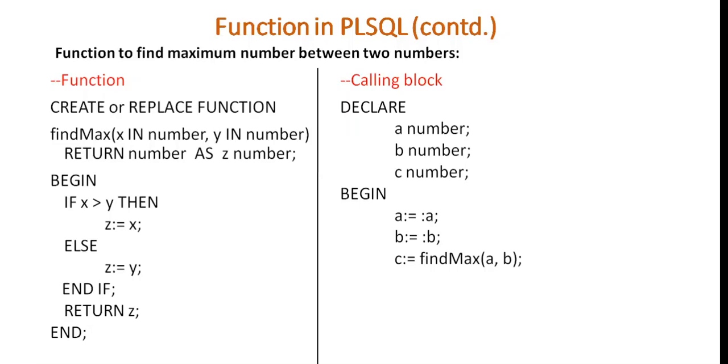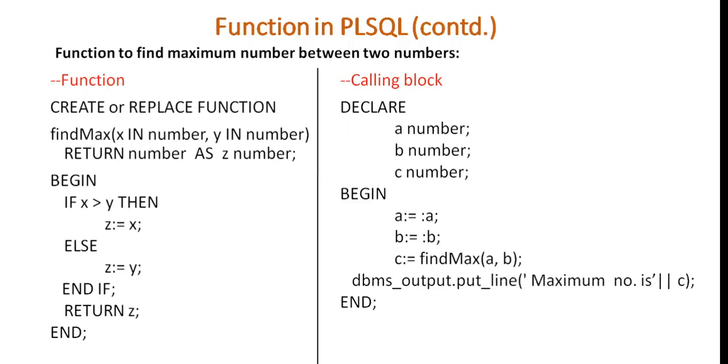Okay, so here we are receiving the value of output parameter in calling block. Okay, so I have written c is equals to find max a, b. So a is passed as x, b is passed as y, and c is received as z. When we write return z, it will be received as c in calling block, and then in calling block we print the value of c.